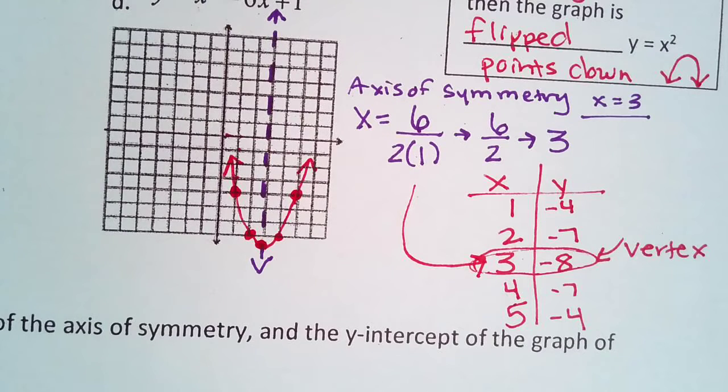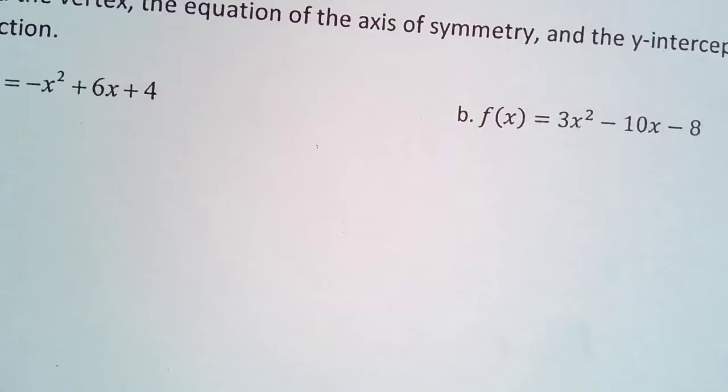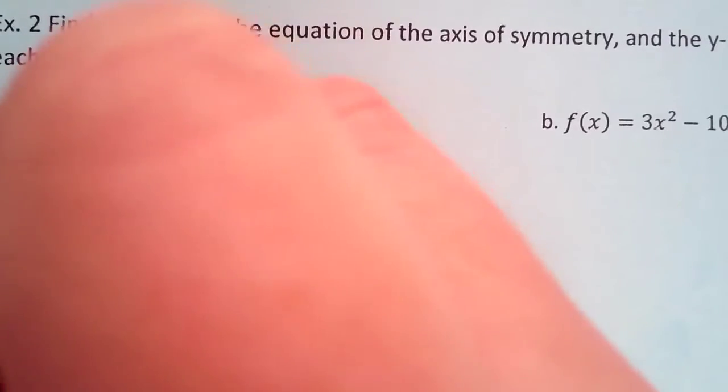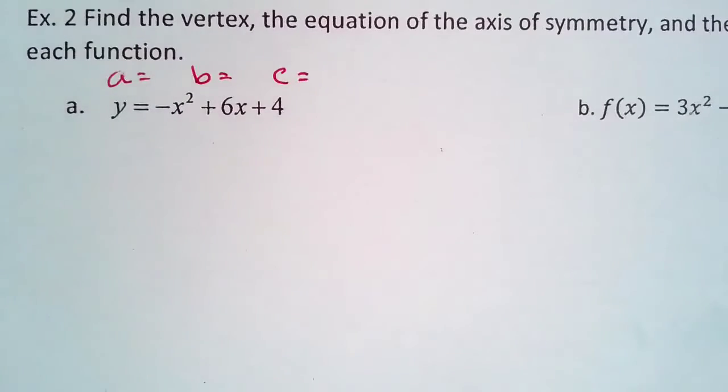Okay, in this next section, we are going to find 3 key features. We've already practiced finding 2 of them. We want to find the vertex, the axis of symmetry, and the y-intercept. So let's always start out by saying A equals, B equals, C equals. What's our A?